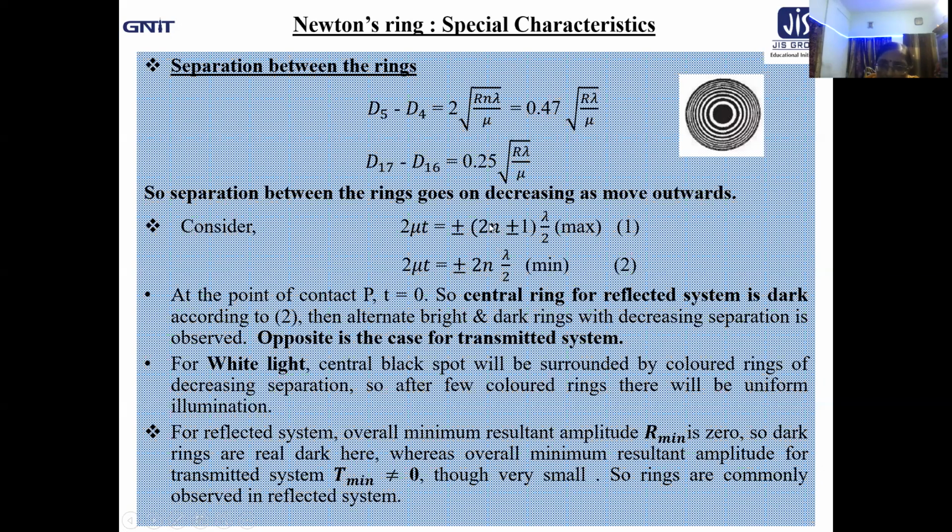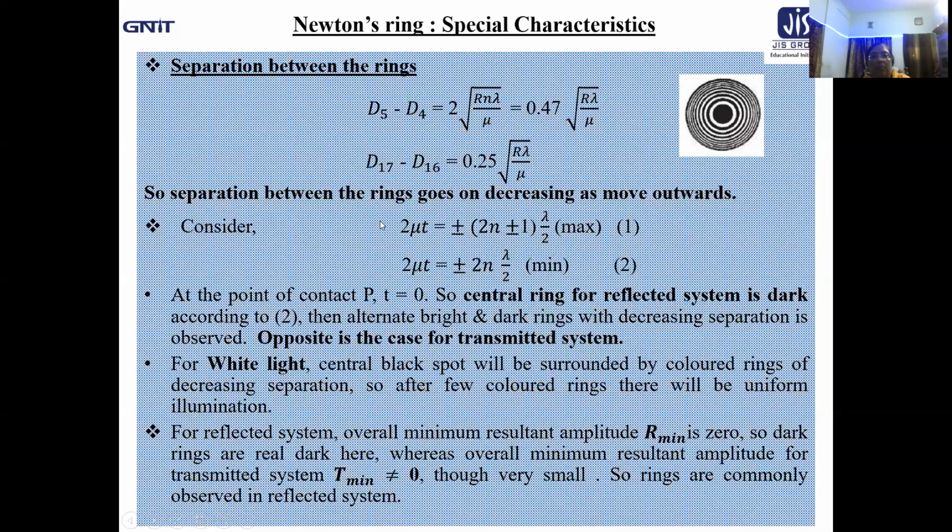Here, just take a look. In the condition of minimum, if you take n equal to 0, definitely this equation will give you 0. It will satisfy the left hand side. But here, for any value of n, you cannot make the right hand side 0 because n is an integer. So, the central ring for the reflected system is dark according to equation 2.